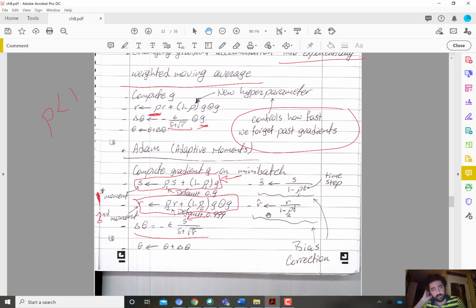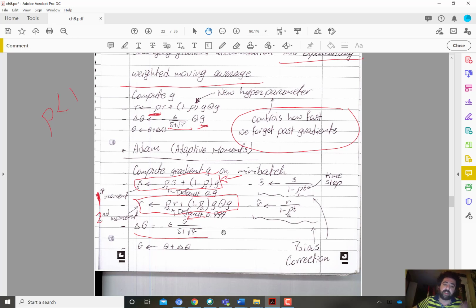Okay, now so I have this S hat instead of the gradient, and then we divide by square root R hat. So this is the first moment expectation, which is in RMSProp. It's the exact gradient, and then we divide by the second moment expectation, which is given by R, right? So Adam is really a combination of the momentum algorithm and the root mean square propagation algorithm.